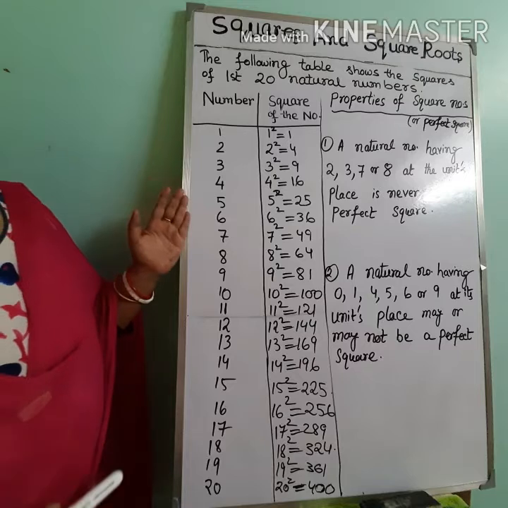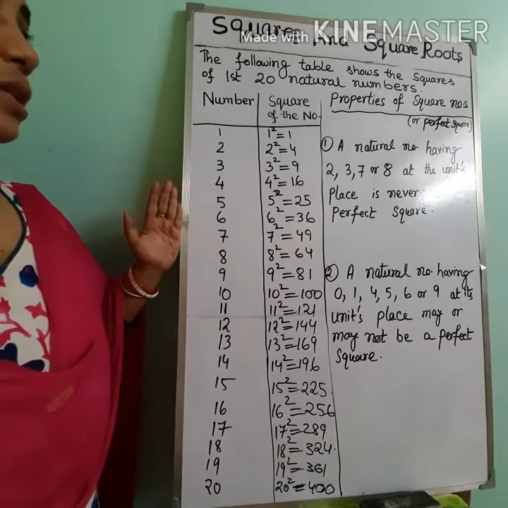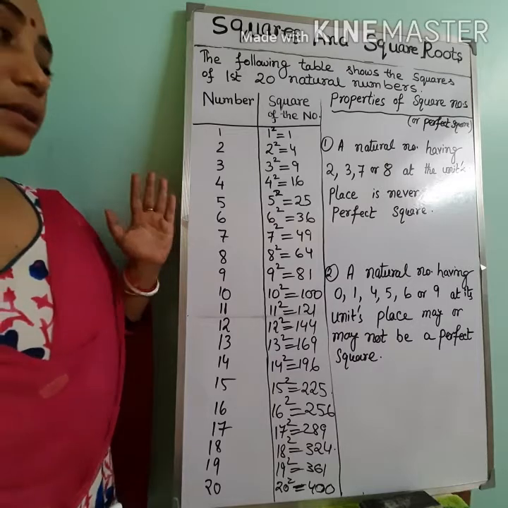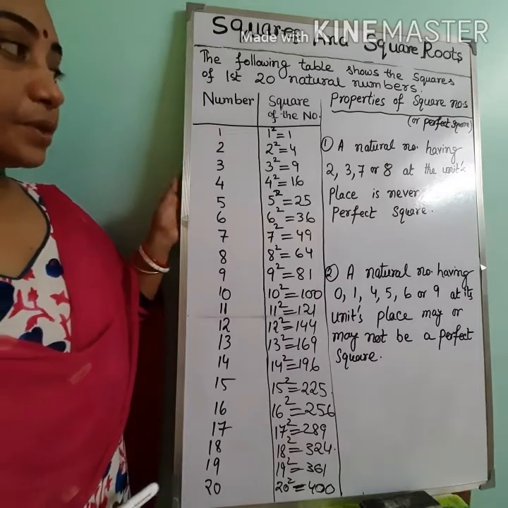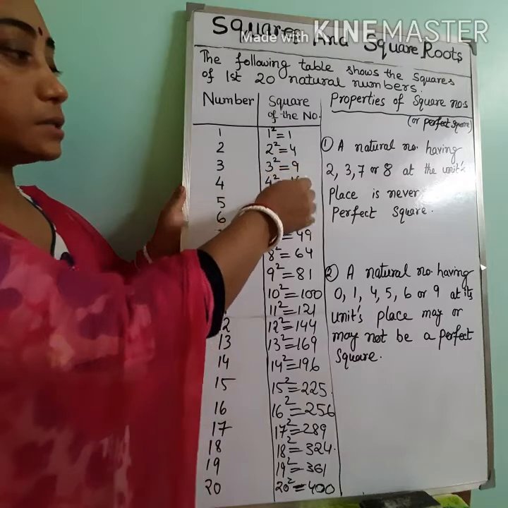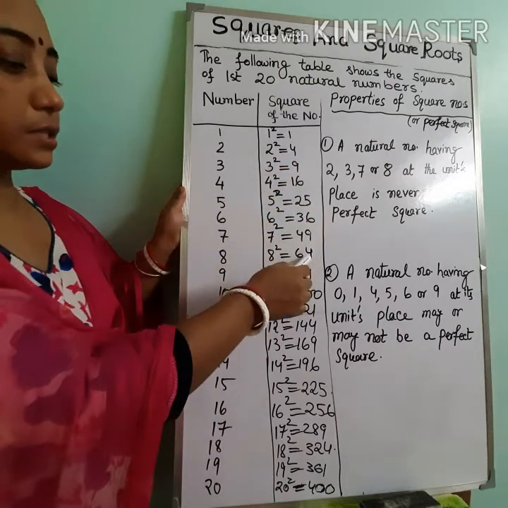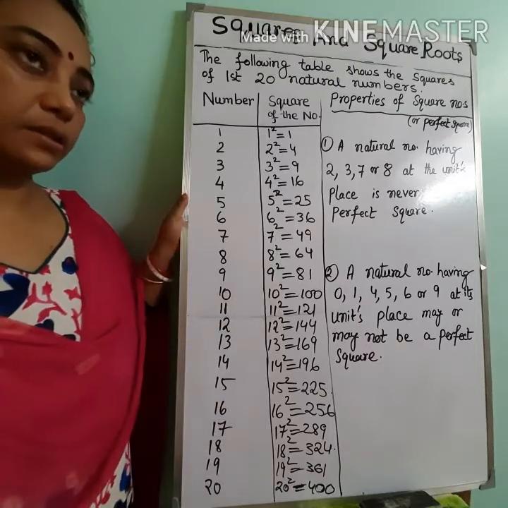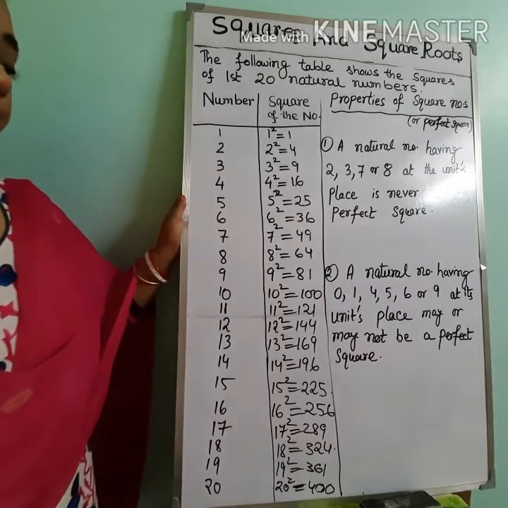Now look at the table. From the table, can you tell how many perfect squares there are up to 100? See, 1, 4, 9, 16, 25, 36, 49, 64, 81, 100. So in total there are 10 perfect squares up to 100.